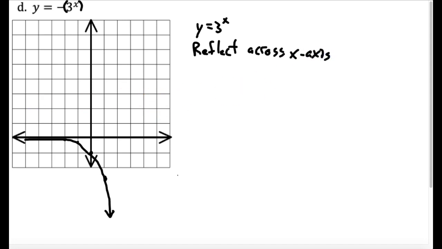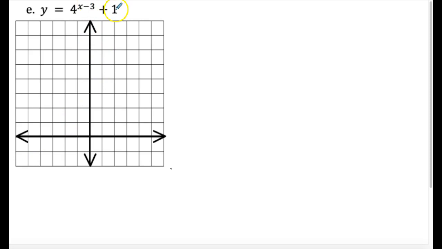Okay. Now, our last one, we've got a couple of things going on here. So let's plug in a few values and see what happens. If I plug in 0, that's a good place to start, right? Well, I'll have 4 to the negative third power plus 1. So 4 to the negative third power would be 1 over 64 plus 1.